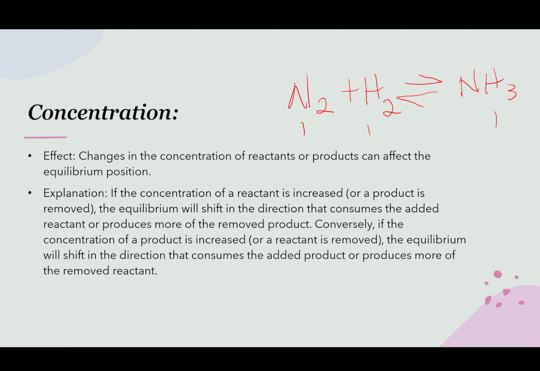If this becomes 0.5, because it should be at 1, the equilibrium position will shift to produce more ammonia to get it back at 1. And then there will be no more shifting. It is now back in equilibrium.